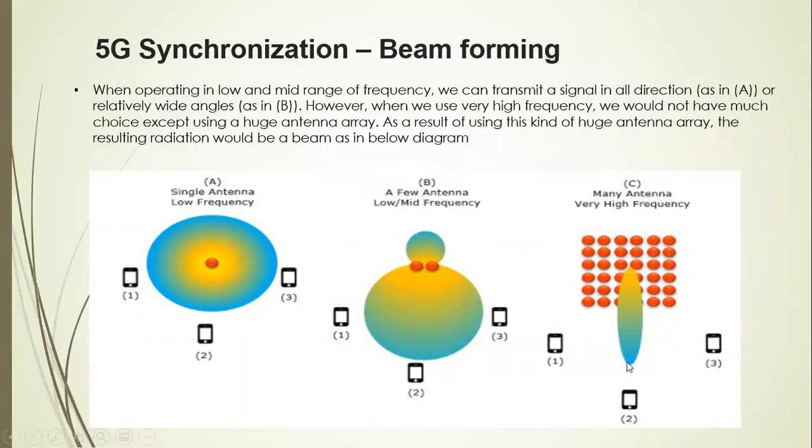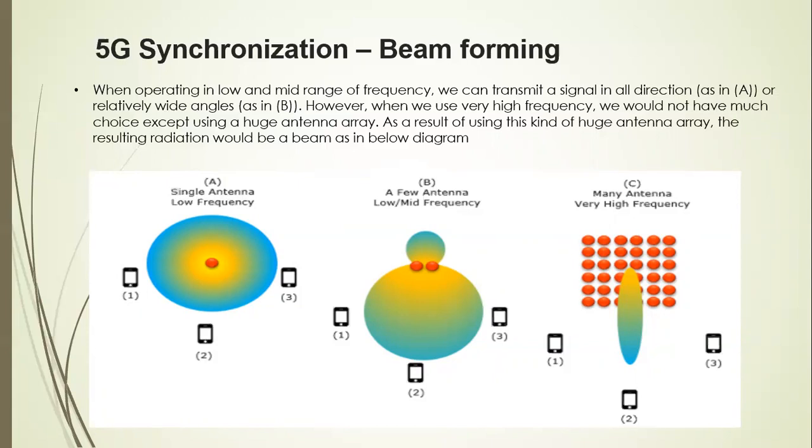It almost becomes like an oval shape, and hence the coverage is available only for a group of UEs which are present in very close proximity with each other and very close to the antenna. So in that kind of scenario, to cover all the devices in all possible angles, we need a concept called beam.